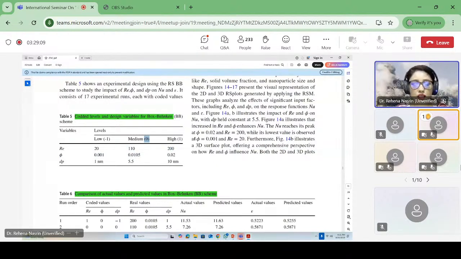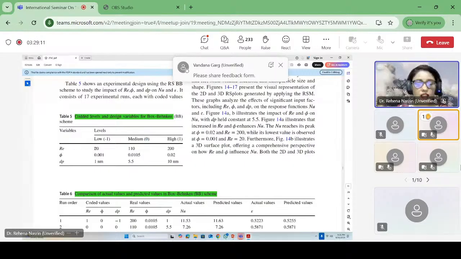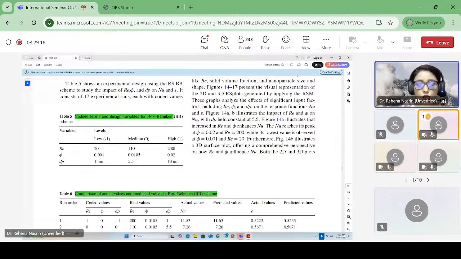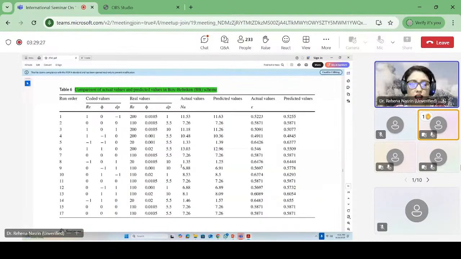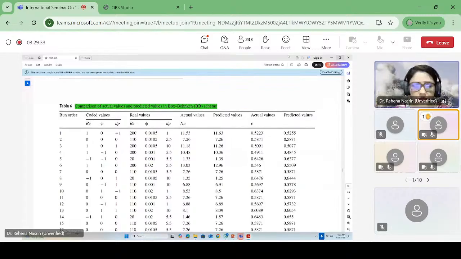So the coded values are -1, 0, +1, and the actual value, that is the CFD value, we consider 40 to 200 for Reynolds number, and particle diameter 1 nanometer to 10 nanometer. So these are the actual values, that is CFD values, and predicted values, that is statistical analysis values.